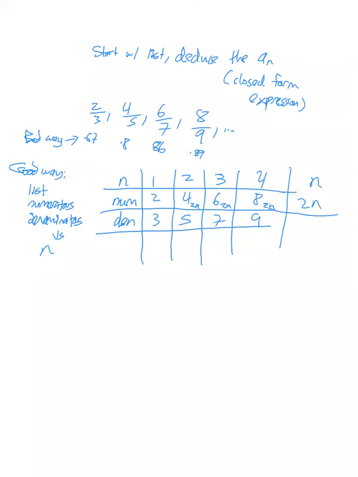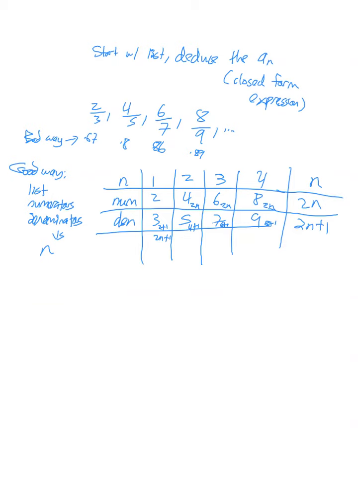So I think that's pretty good. Now we just have to figure out what's going on with the denominators. So 3 is 2 plus 1, 5 is 4 plus 1, 7 is 6 plus 1, 9 is 8 plus 1. So we know this is 2n plus 1 in all cases involved.